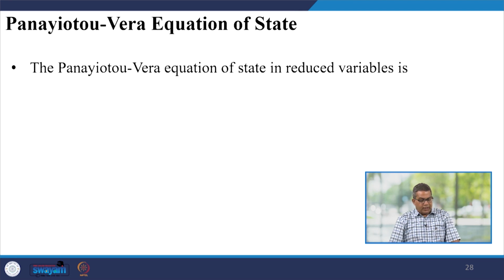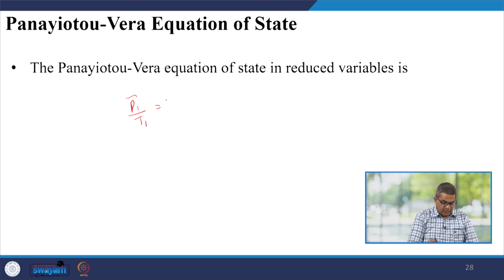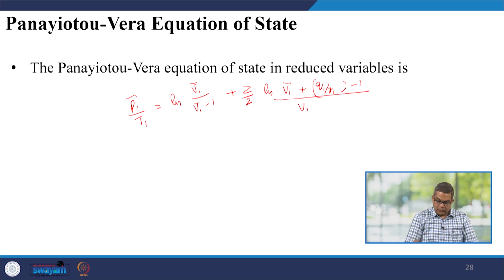So, this Vera equation of state in reduced variables can be represented as P reduced over T1, that is ln equal ln V1 reduced over V1 reduced minus 1 plus Z over 2 ln V1 reduced plus Q1 over R1 minus 1 over V1 reduced minus theta 1 over T1 reduced.